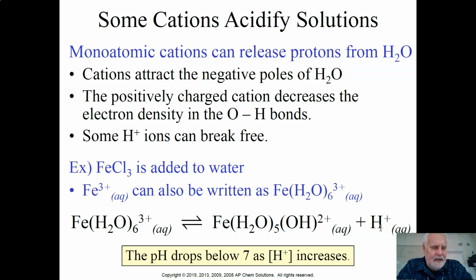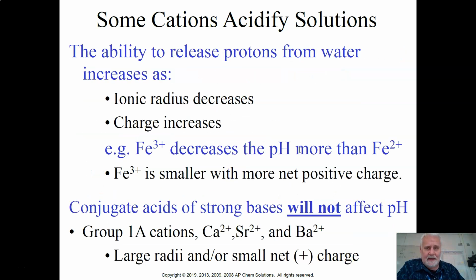So here's a metallic ion, iron plus 3, that just by adding it to water changes the pH. And that is something that you just need to know. It's a really unique thing going on here, but I think easy to understand, but also easy to forget. So make sure that you understand these complex ions and some of the things that they do here.